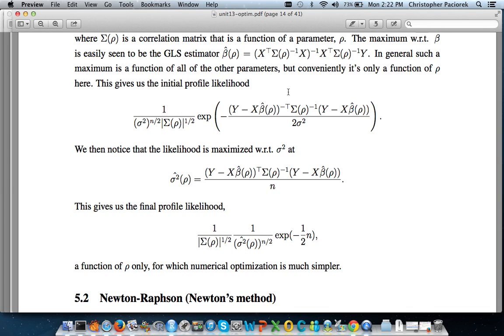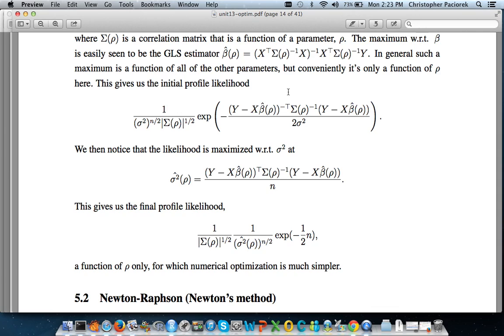So now, probably I'm going to have this matrix that's a function of rho. If I start taking derivatives of the matrix with respect to rho, I'm just going to get some other matrix with derivatives with respect to rho, and it's going to be hard to deal with that and set it equal to 0 and solve for rho. So at this point, I would presumably resort to numerical maximization.